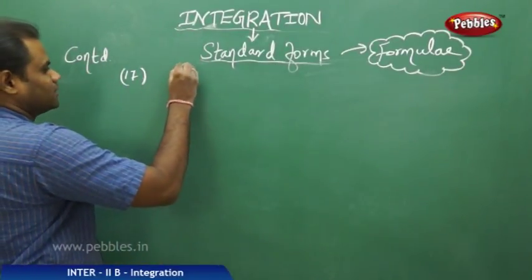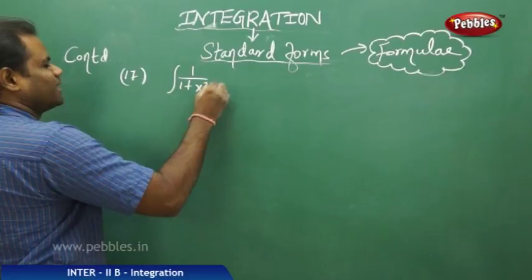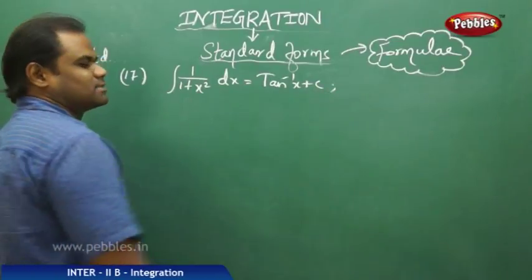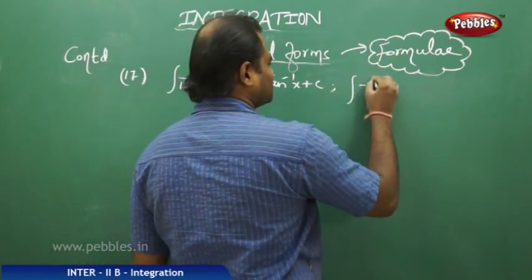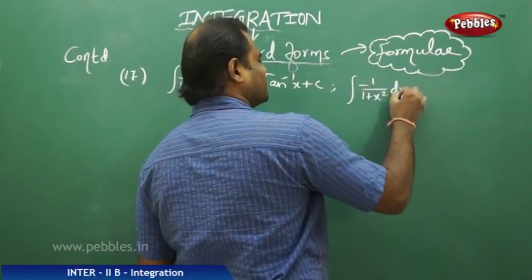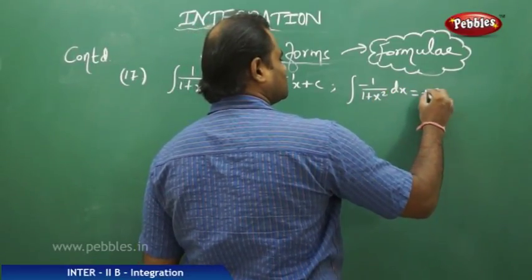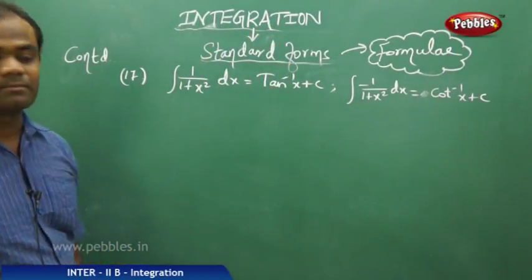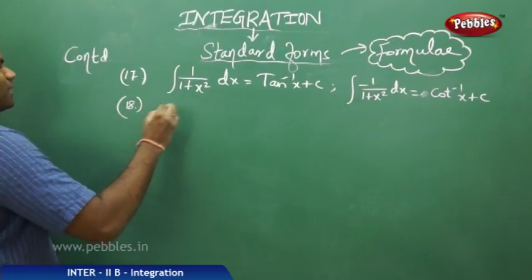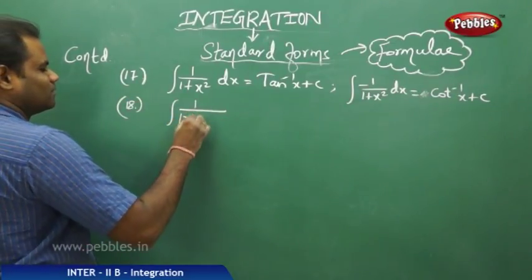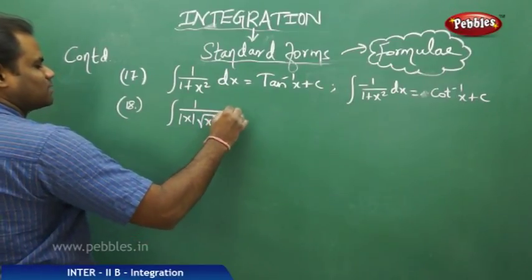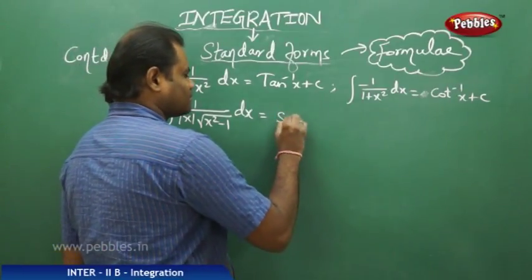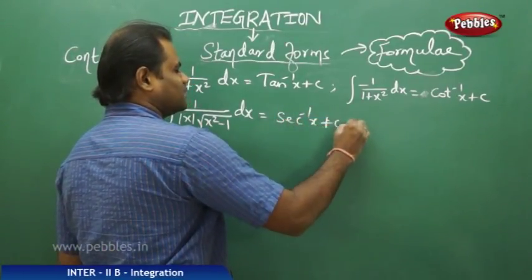Next, if I want to find integral of 1 by 1 plus x squared dx, then this is tan inverse x plus c. Or if I want to find integral of minus 1 by 1 plus x squared dx, this is cot inverse x plus c. And then integral of 1 by mod x root x squared minus 1 of dx would be secant inverse x plus c.